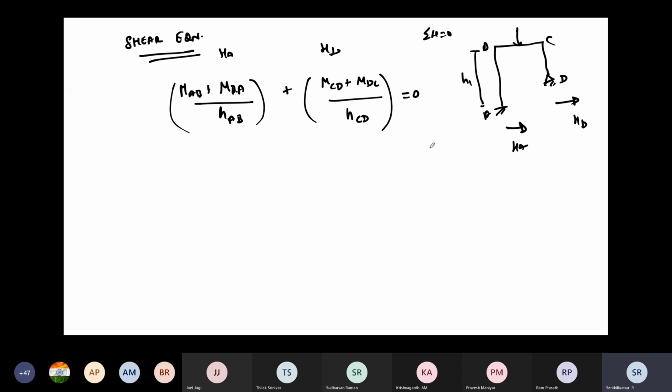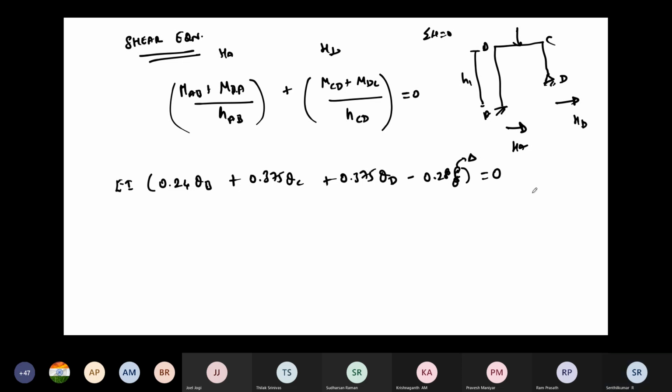Just substitute and simplify the values again with respect to theta B, theta C, theta D. Finally you will get the equation as EI times 0.24 theta B plus 0.375 theta C plus 0.375 theta D minus 0.28 delta equal to 0. This is the shear equation, equation number 10.